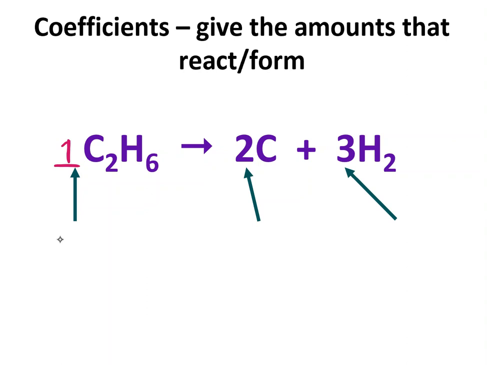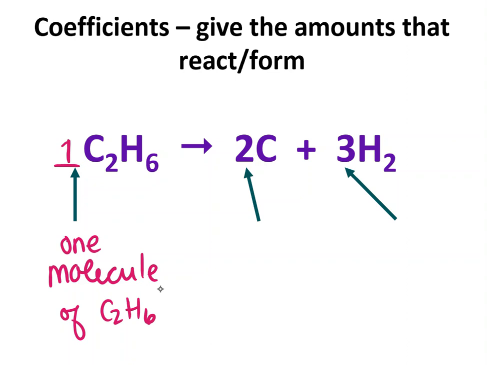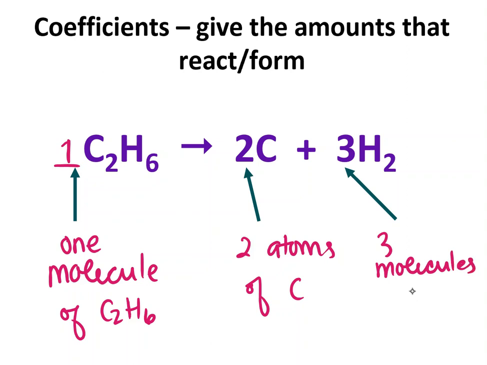And what that means is that we have one molecule of the C2H6 that is forming 2 atoms of carbon and 3 molecules of H2. And just to remind you, this is a molecule because it has 2 atoms that are bonded together, and of course that we just call an atom.